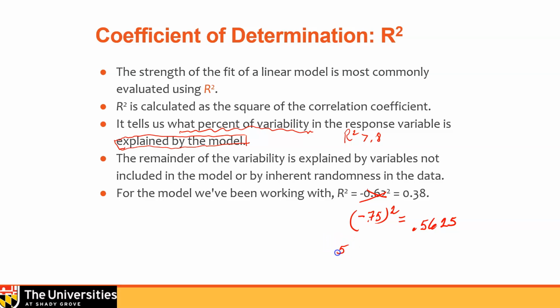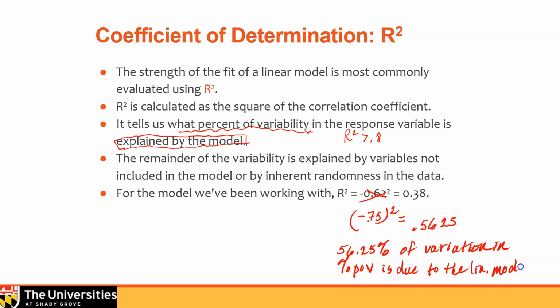What that says is that 56.25% of the variation in the percent of poverty is due to the linear model that we've created. That linear model is, I'm going to say, explained by that linear model that we created.